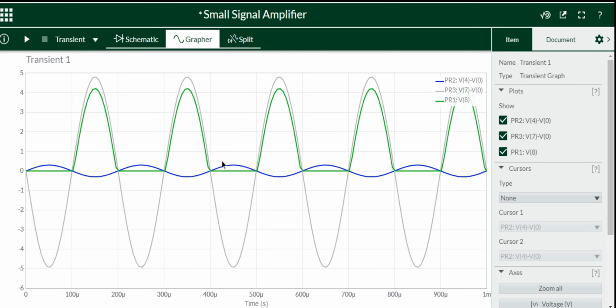So here you can see all the results. You may see that our rectified output voltage is a little bit lower than our actual voltage. This is because of our diode voltage drop.